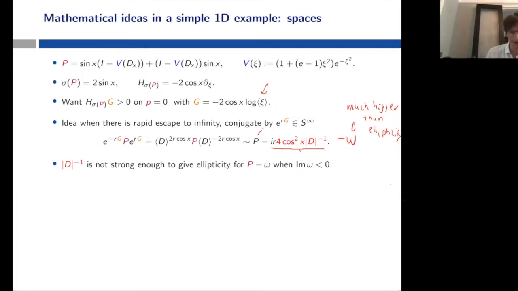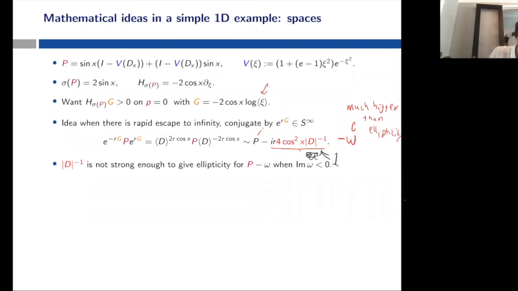If instead I had rapid escape to infinity, then I would be sort of able to get the same type of expression, except for now I would have no D inverse here. I would just have a 1, and that would be enough to control this minus omega.